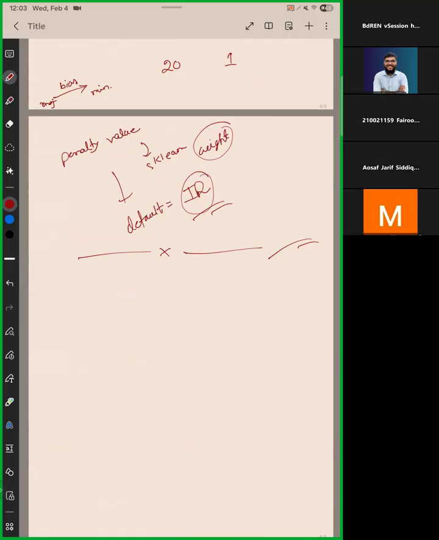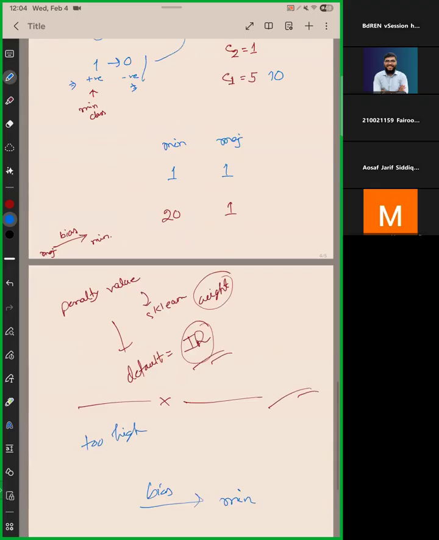Shouldn't a higher value be better? No. If I keep increasing the penalty value, if it is too high, then the bias will be towards the minority class.